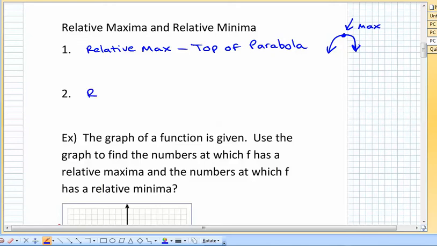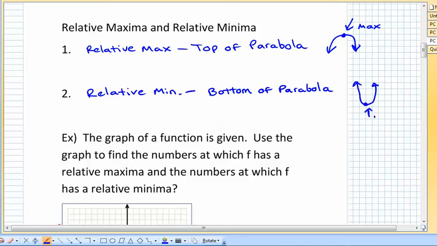And then, of course, a relative minimum value would be the bottom of a parabola. If you have a parabola that faces up, the vertex at the bottom is a relative minimum.